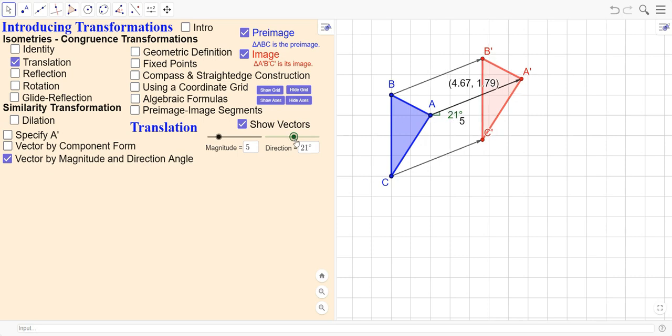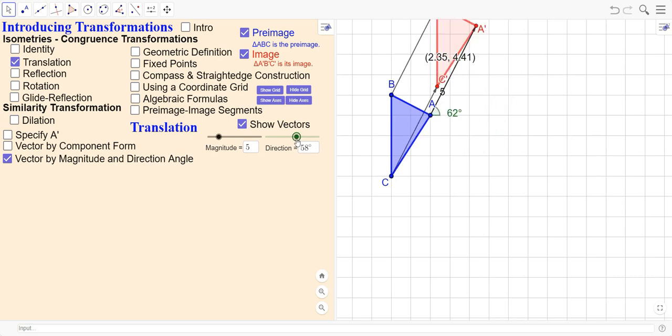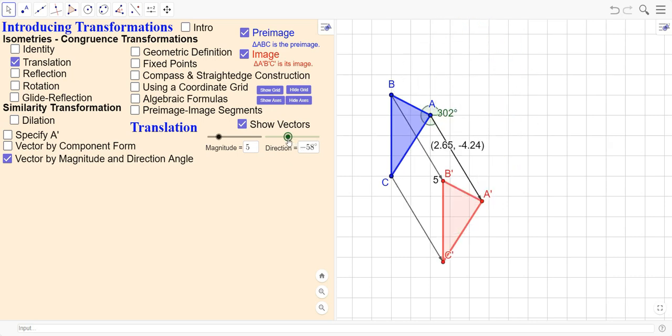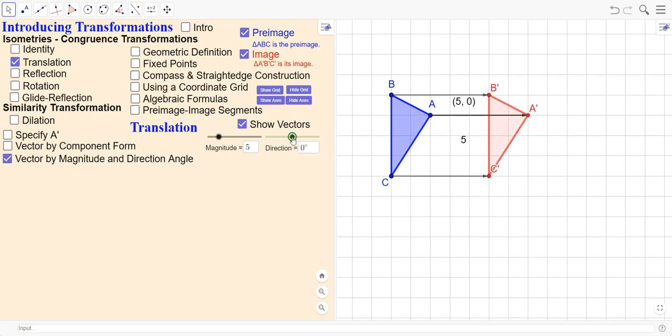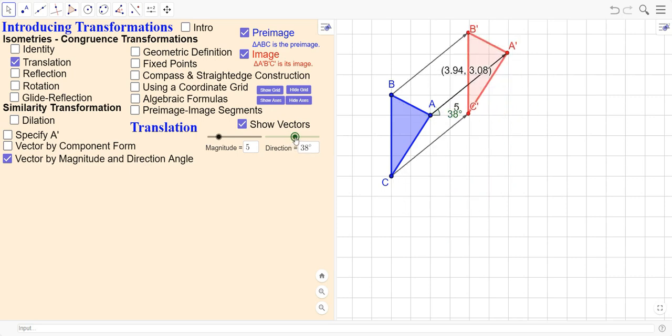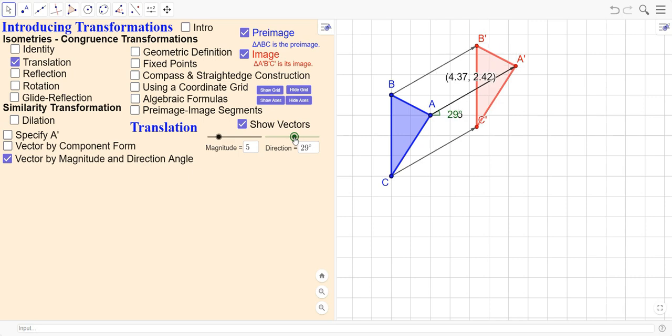Now this angle could be positive, which rotates counterclockwise. Negative goes in the other way. Instead of calling this negative 38, it's thinking of it as a positive 322. Same difference there. And so you can see this angle.